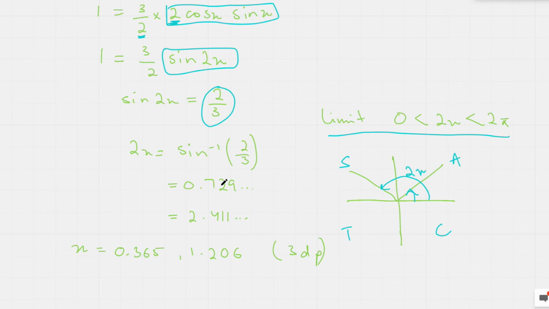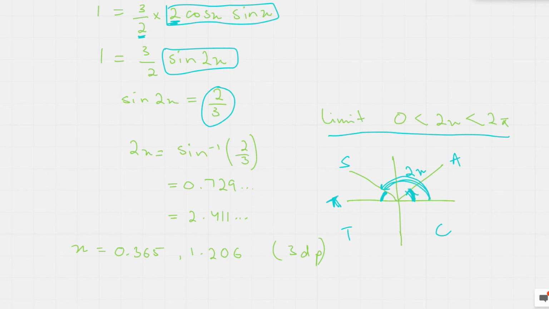So we got here 0.729, which means that this is 0.729, and then we know that this is pi. So I did pi minus 0.729. If this is 0.729, then this is also 0.729. So pi minus 0.729 will give me this part.